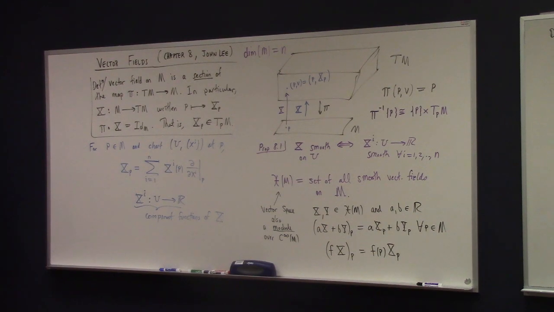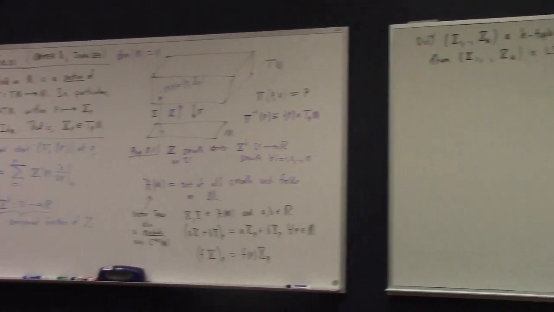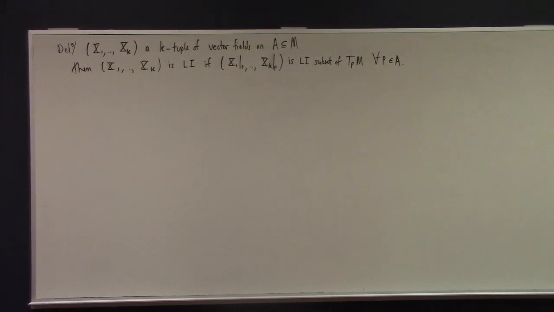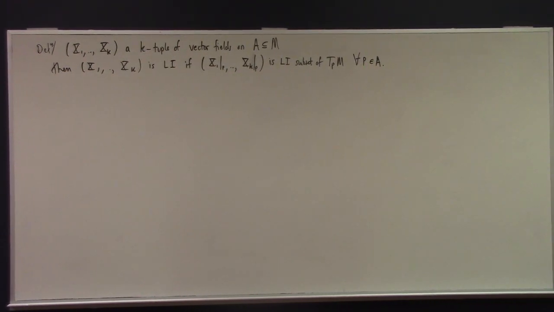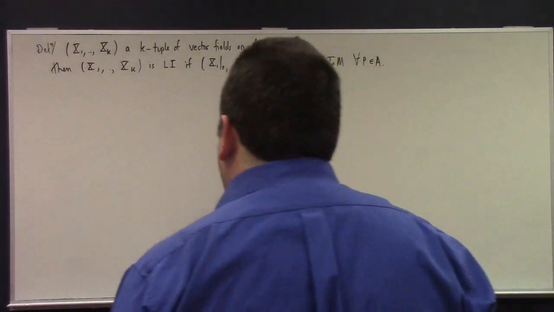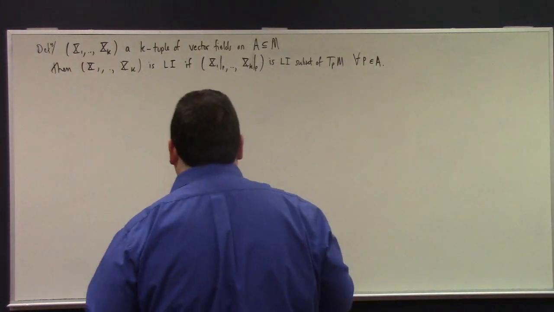Let me try to put that in words. A set of vector fields is linearly independent only if, whenever we look at any point in the domain of consideration, that set of vector fields gives us a set of vectors at that point which is linearly independent.